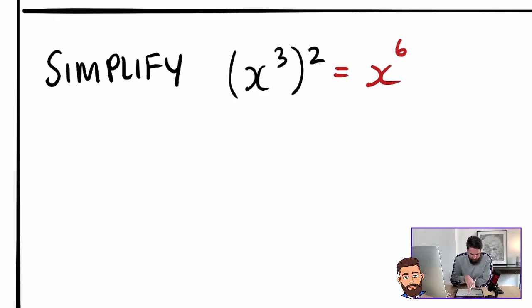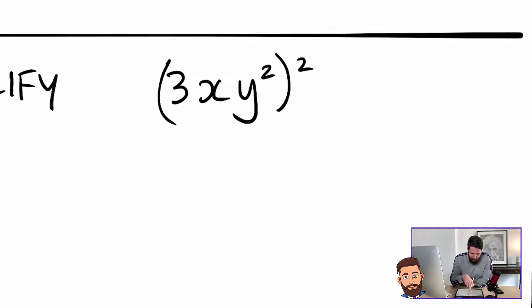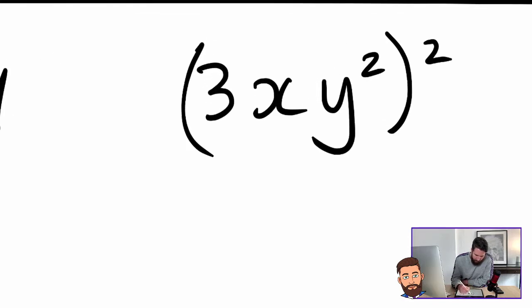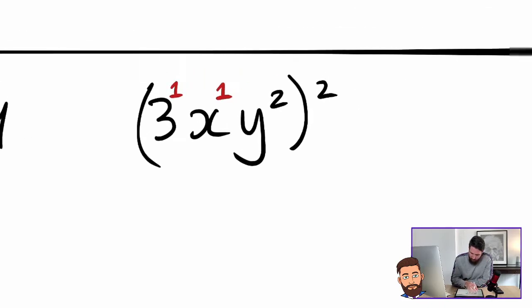And then the final question that I've put in, as discussed in the previous lesson, most students only get this half correct. The first thing we should consider here is we need to raise 3xy squared all to the power 2. Well, the first thing we should do is fill in that there's technically a power 1 on the 3, and there's technically a power 1 on the x because there is no power written.